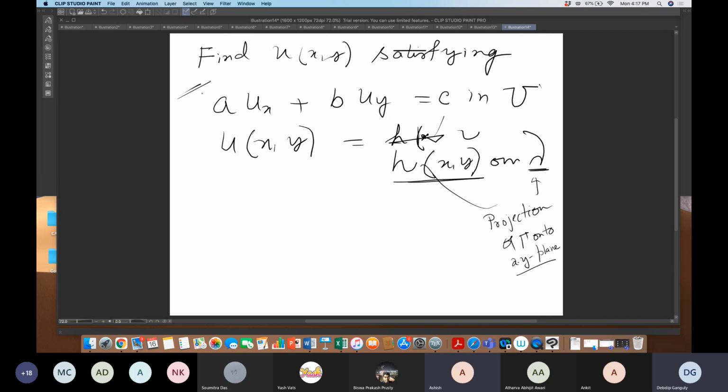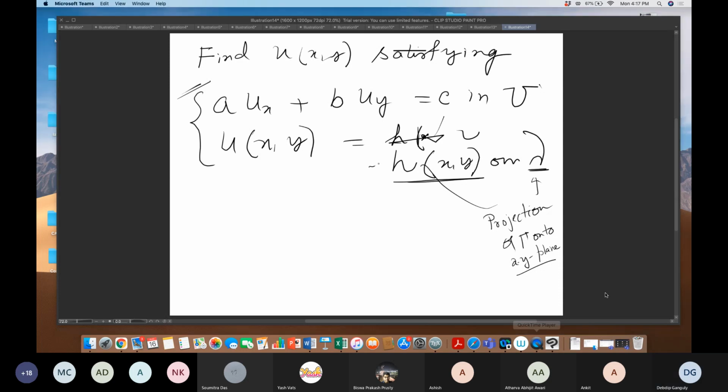That means we want to solve this PDE, a u_x plus b u_y equal to c, with the boundary condition u of x, y given to be h of x, y. Clear? Is it clear? Yes, sir. Good.